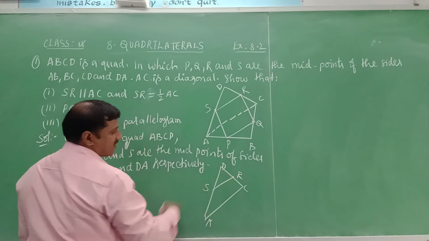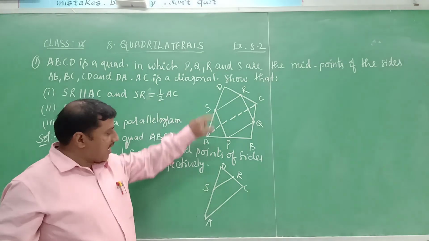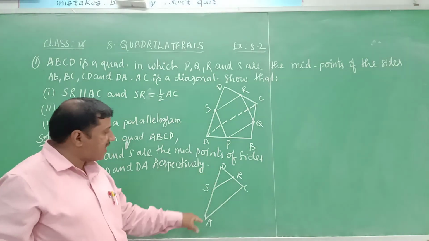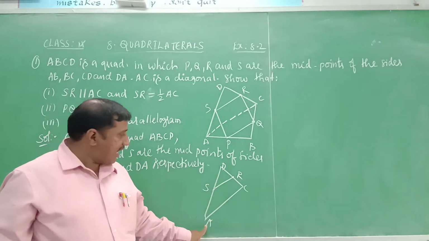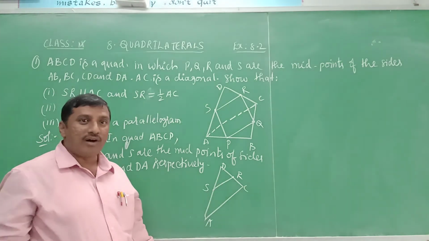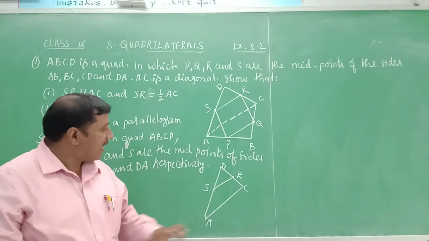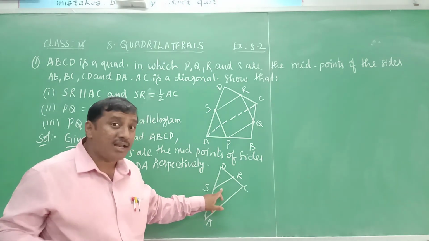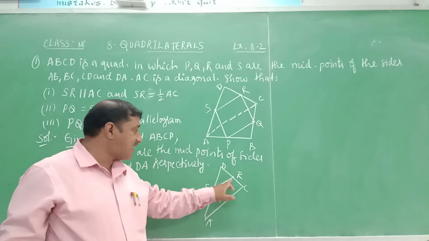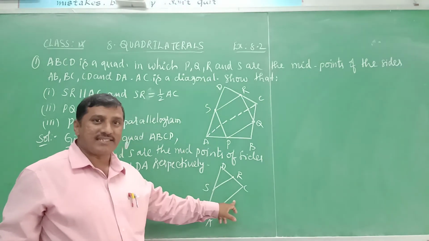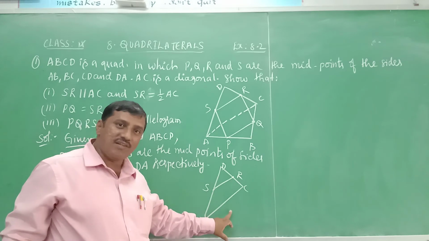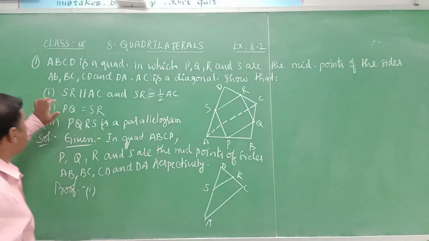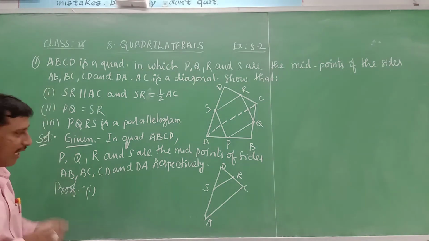Now you see, in this triangle, S and R both are midpoints of two sides of triangle ACD. So what can we say from the midpoint theorem? The line segment joining the midpoints of two sides of a triangle is parallel to the third side. That is, SR is parallel to AC, and it is also half of the third side, that is, SR is half of AC. First one is proved by using the midpoint theorem.